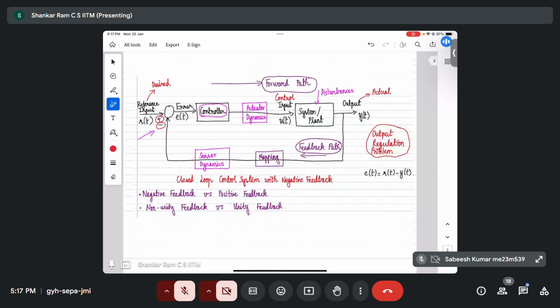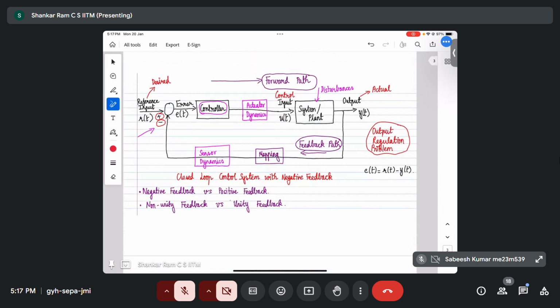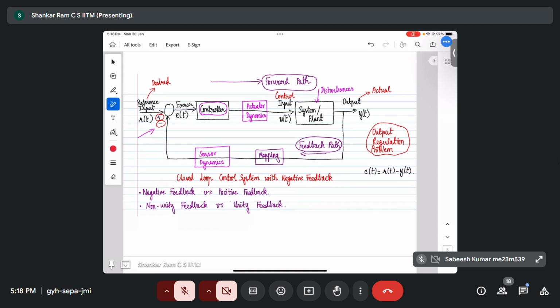Okay. So this is a very important block diagram, right, as far as the closed loop feedback control system is concerned. So let me draw it in a certain way. I will redraw it and then we will discuss it. Okay. So let's say we first start from the system or the plant.